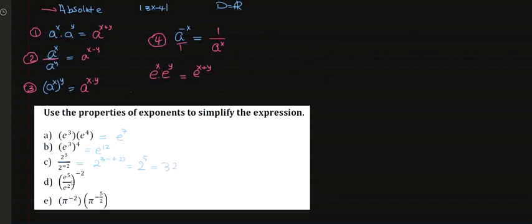So that's 32. Okay. Here we have two exponents in division and then a power outside. Here we have two ways that we can think about that problem.